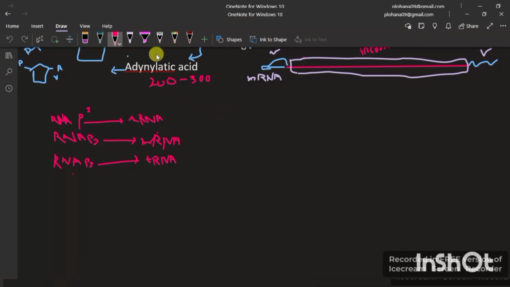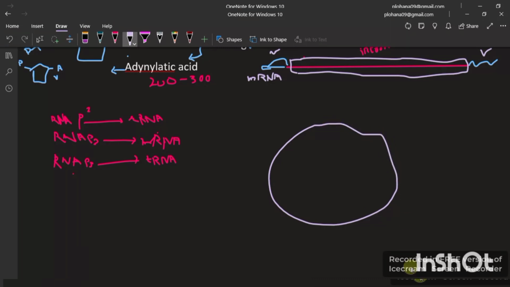Alright, so now let me draw here. Suppose this is a cell we have, and this is a nucleus. This is an RNA. From here mRNA was made.